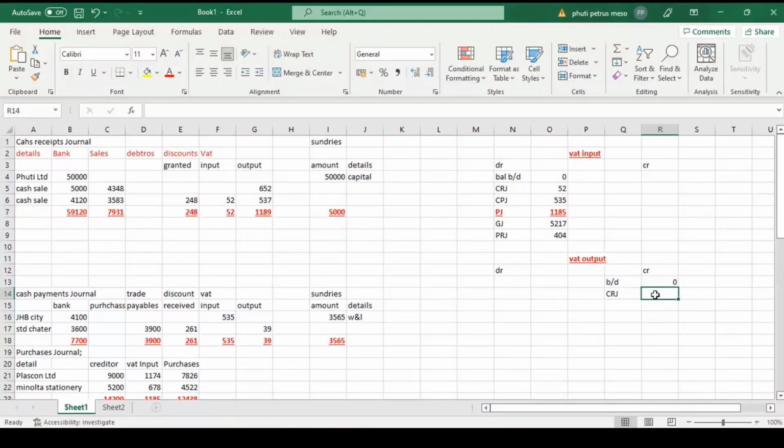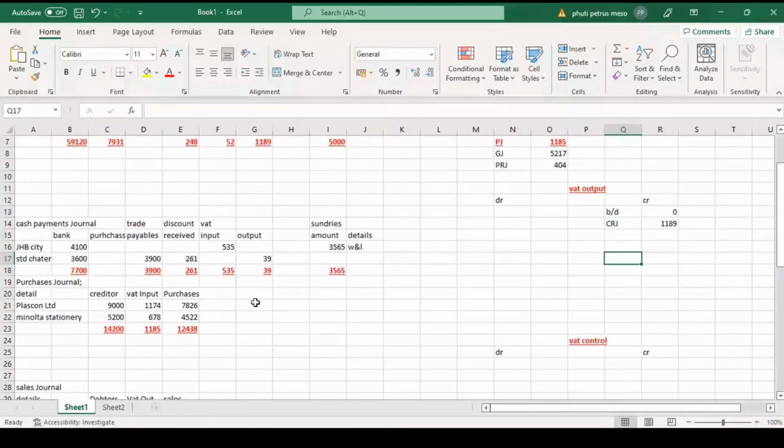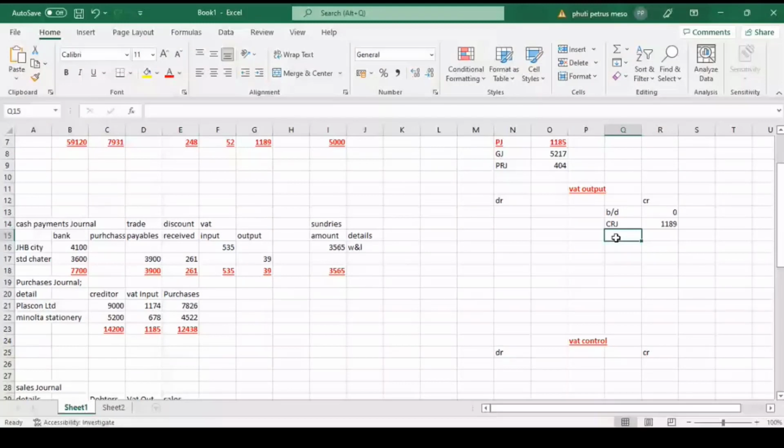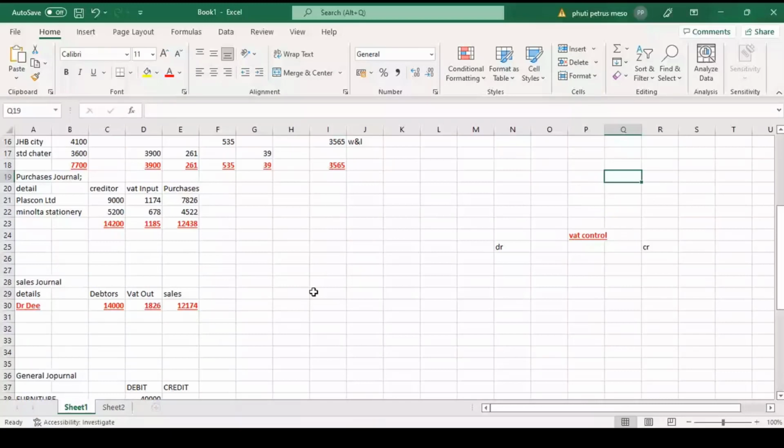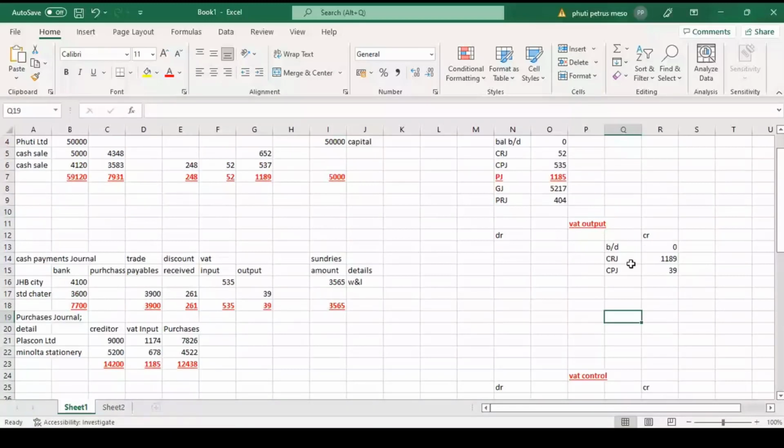We've got an output amount of 1189. Okay, and then we've got CPJ with an output amount of 89. And we've got no purchases journal. Sales journal, we're going to have SJ.